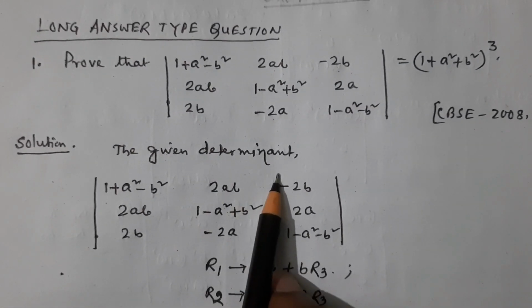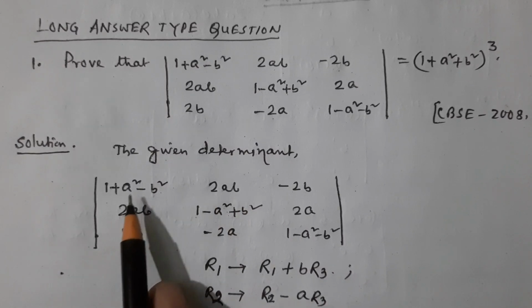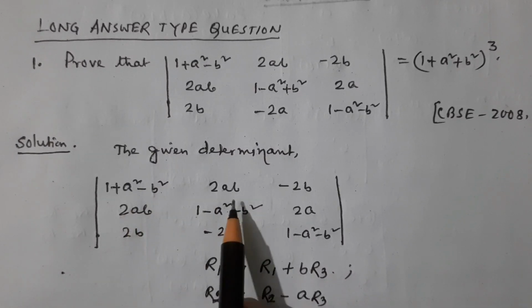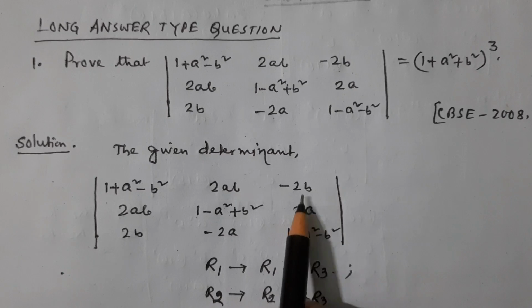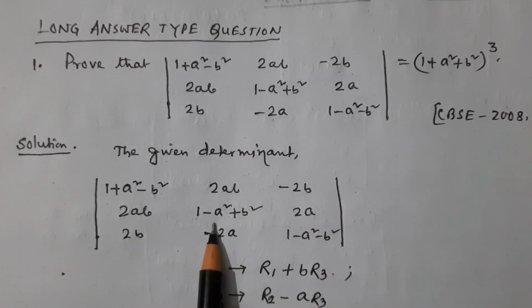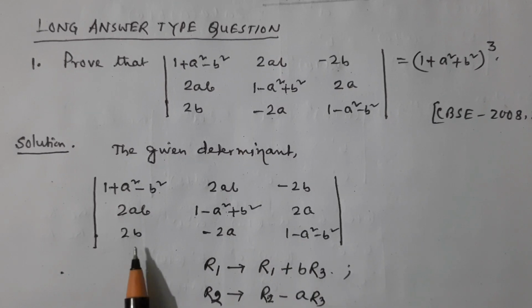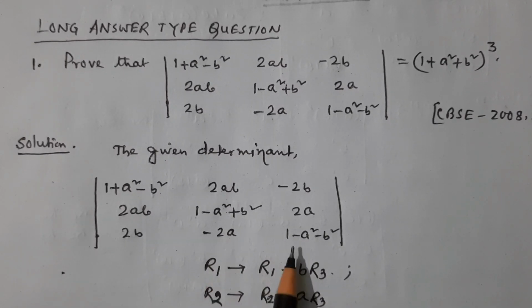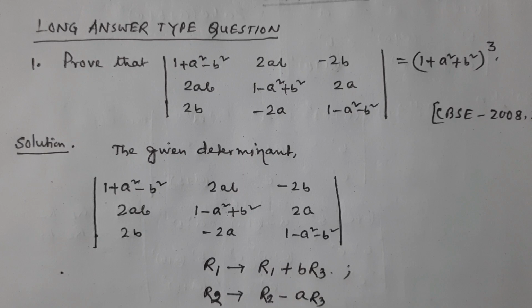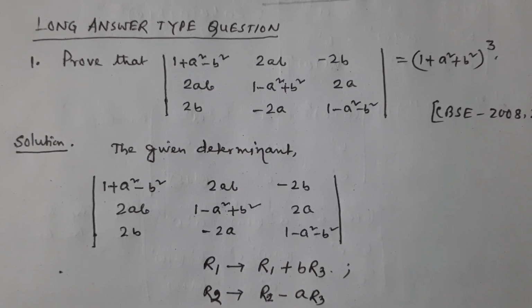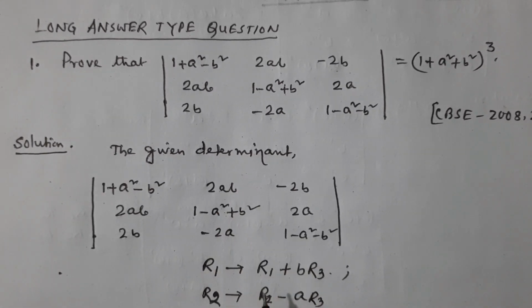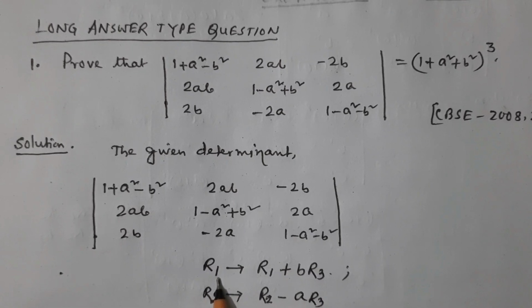Solution. The given determinant is |1+a²−b², 2ab, −2b; 2ab, 1−a²+b², 2a; 2b, −2a, 1−a²−b²|. We apply R1 → R1 + b·R3.